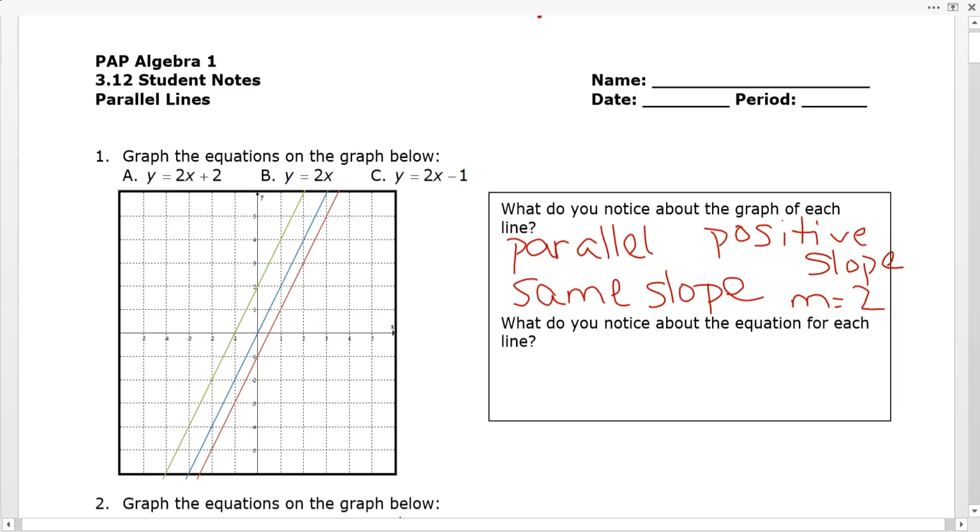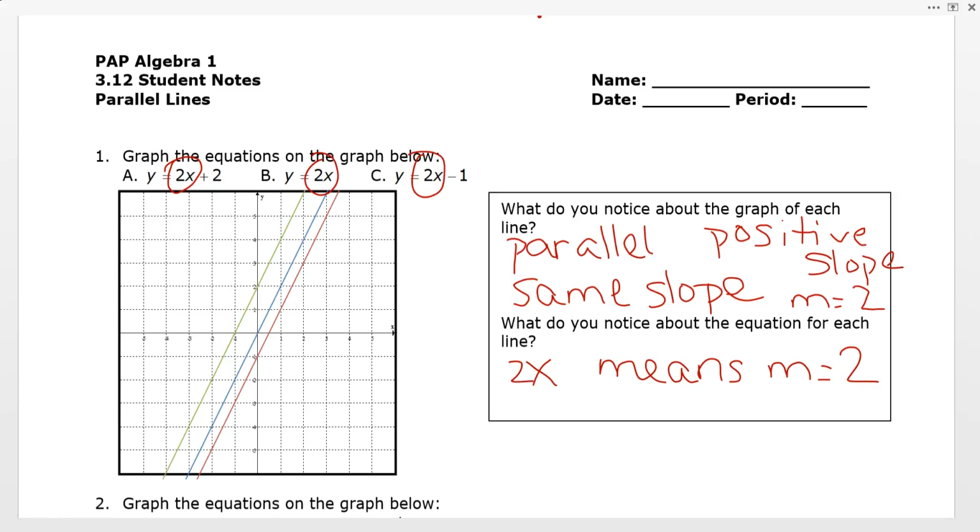Okay, and if you look at the equations, hopefully you notice that they all had 2x. So that means that m equals 2. So when you're looking at equations that have the exact same slope but different intercepts, the slopes are always going to be the same.